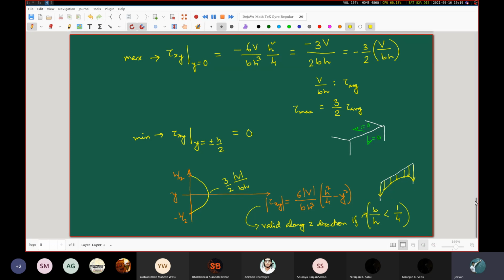Next, what we are going to talk about a little bit is a different kind of cross section. Just like we had a couple of important things to say even with the simplest geometry of the beam cross section, that is a rectangular geometry, so also for the next kind of geometry, which is a very common kind, we'll have some special things to say, and that is the I-beam.